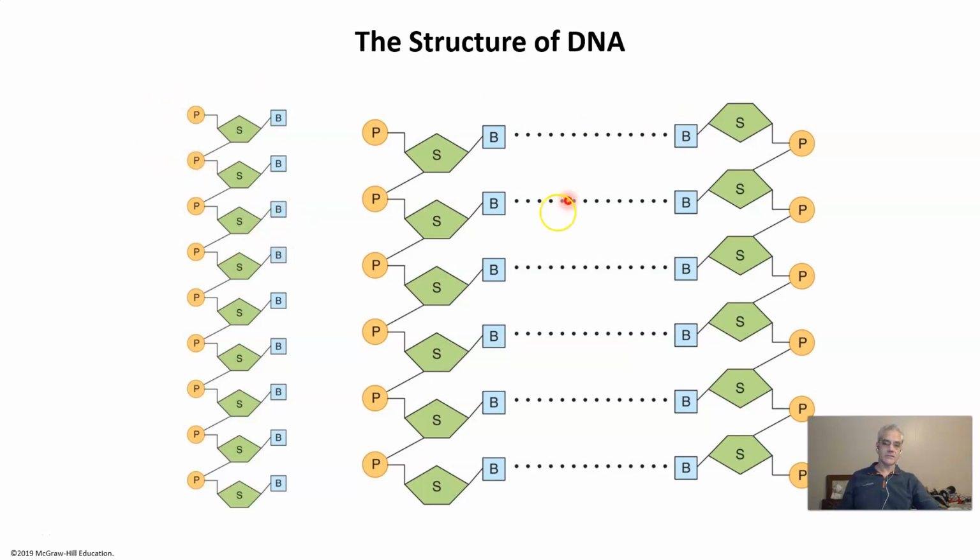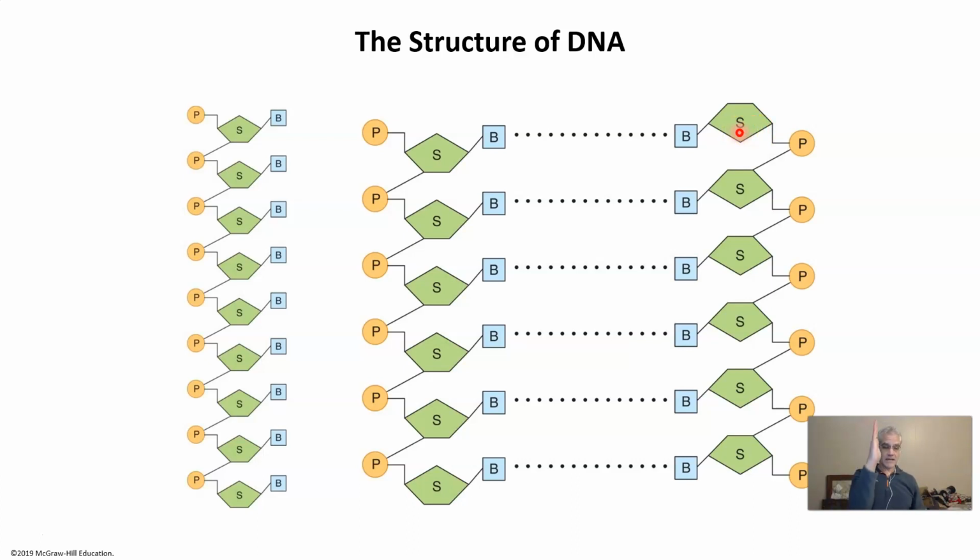Now over here on the right side of the screen, you've got a double-stranded structure of DNA. This is not a misprint. When you look at the single strand, you say, okay, I got it. But over here, it looks like things are flipped around. That is true. This is called an anti-parallel arrangement.